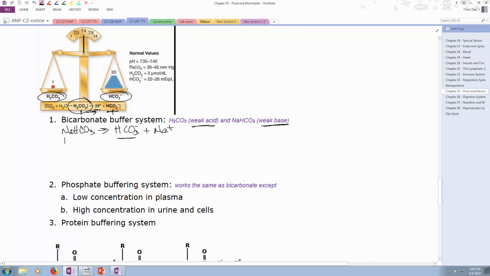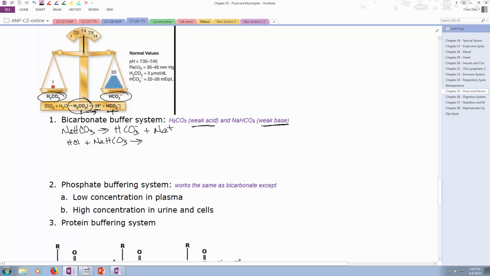So let's add a really strong acid. Hydrochloric acid plus, now we're going to pull this guy in, HCO3, sodium bicarbonate.